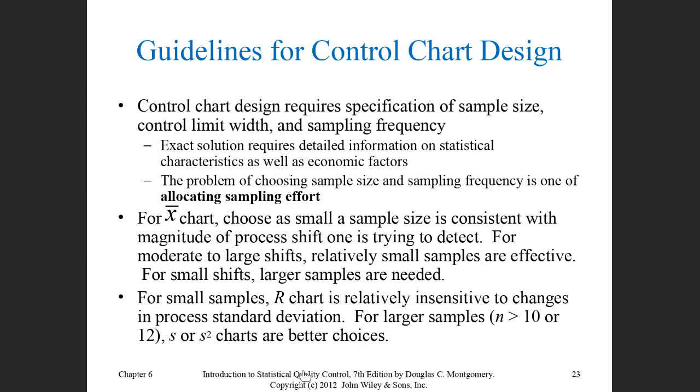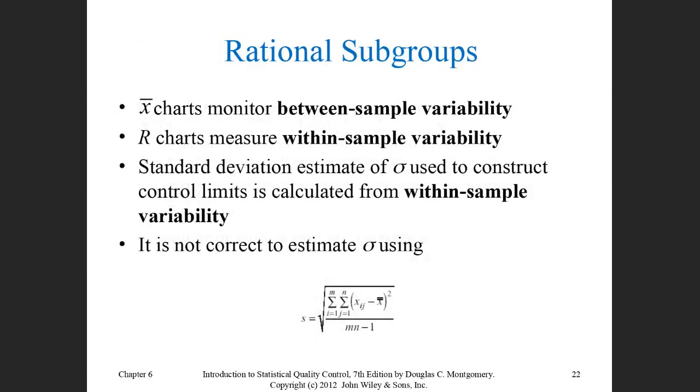Before we proceed with the X bar S control chart, there is important information that we haven't talked about in the last lecture about the X bar R, which is the sensitivity to variability of each control chart. When we develop the X bar R control chart, we develop an X bar control chart and an R control chart.